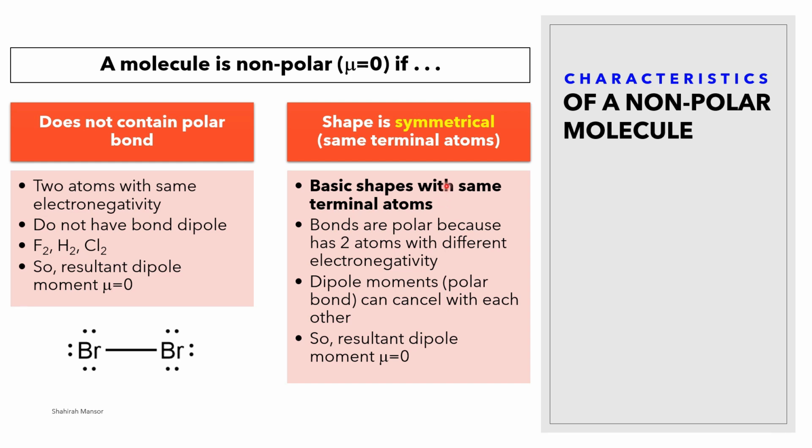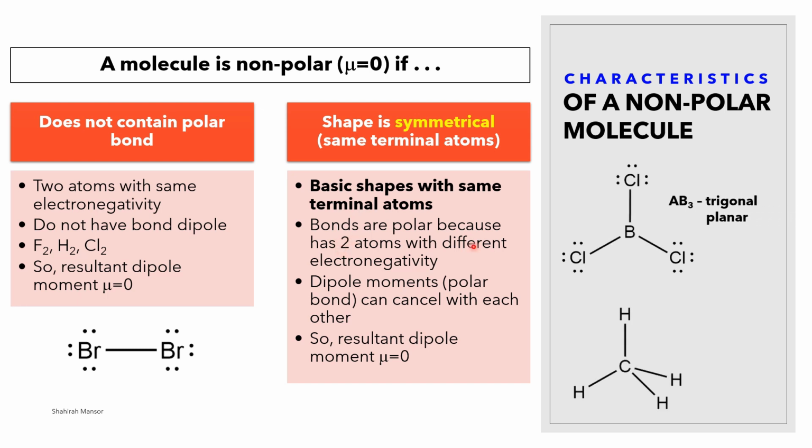For the basic shapes with same terminal atoms, the molecule also adalah non-polar. Okay, kenapa? Kerana walaupun dalam molekul tersebut bondingnya adalah polar, okay, tetapi all bond dipole can be cancelled with each other. So later akan menjadikan resultant dipole moment mu equals to 0.